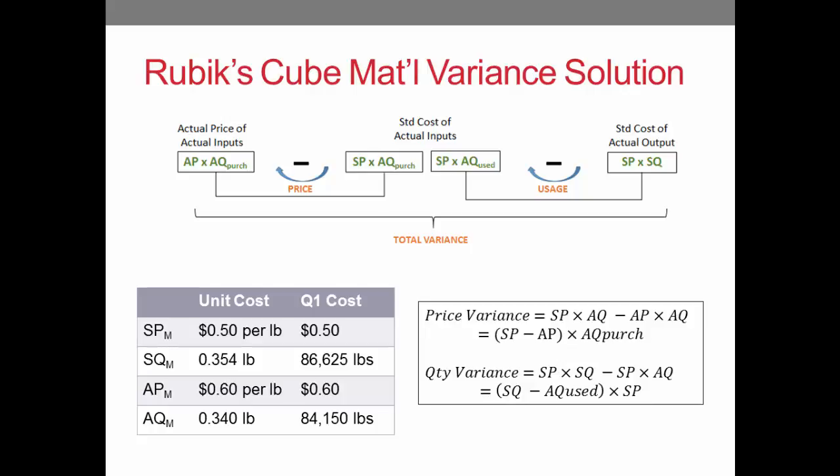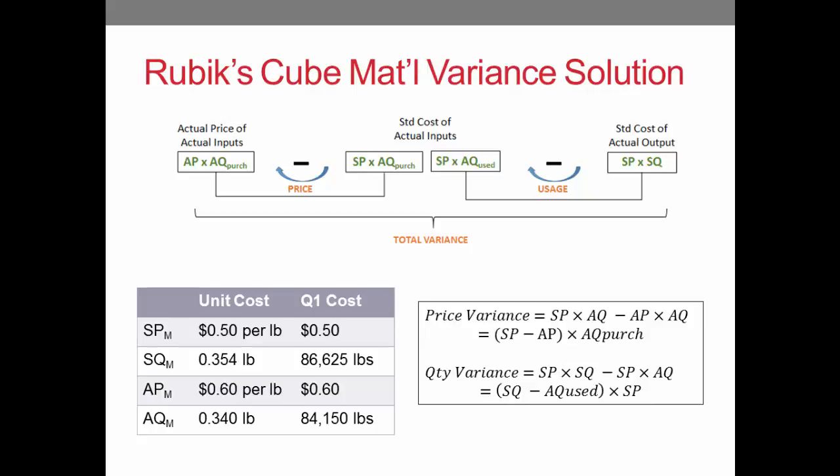The way that 86,625 pounds was created was by multiplying the 0.354 times the actual quantity produced of 247,500 units. With cost variance, we're always looking at the actual quantity, because if we have actual data, we want to be comparing for the actual produced quantity. So we multiply by the actual produced quantity, and that gives the 86,625 pounds.